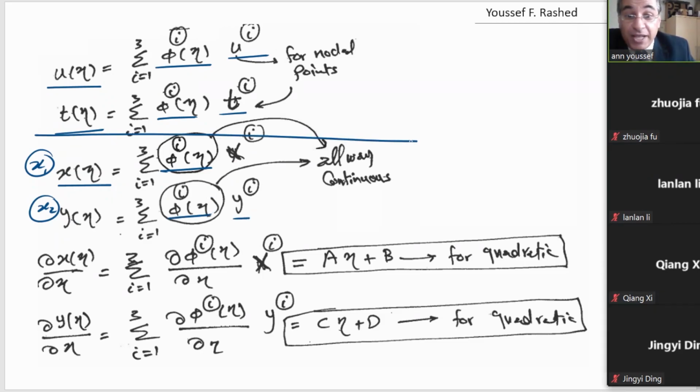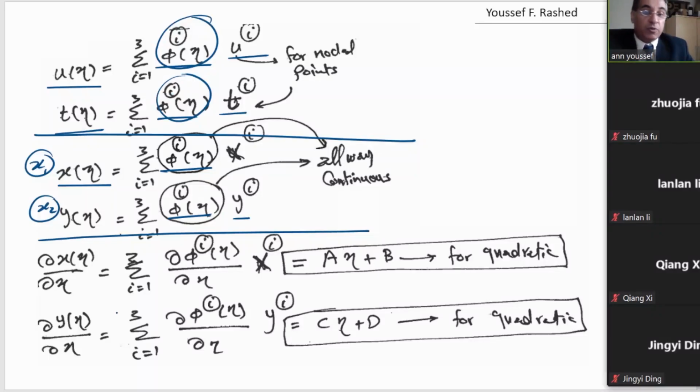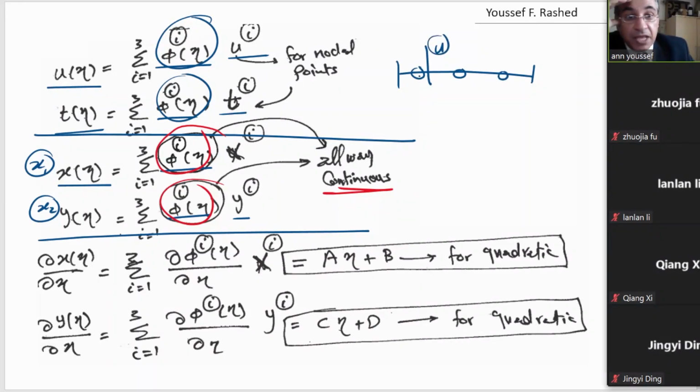The difference between here and here is very important. The phi here could be continuous or discontinuous. But here, the phi should be always continuous. Because when I interpolate to compute the value of the displacement, for example, I have an element like this. If I want to compute the displacement here, it is based on the discontinuous shape function.